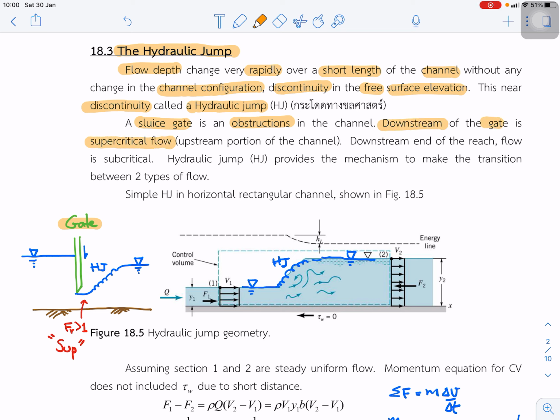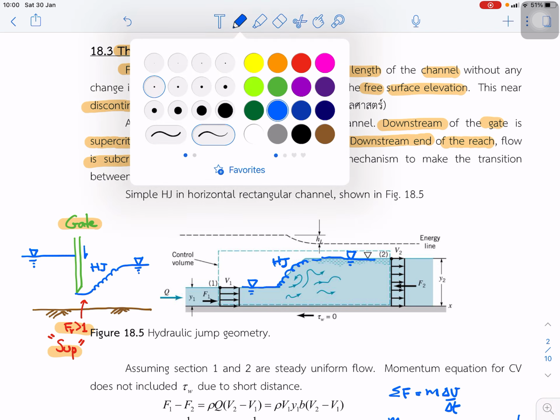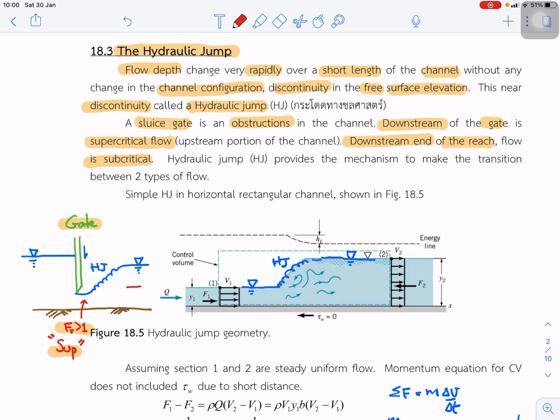So you can see that downstream of the gate the Froude number is greater than 1, so it is supercritical flow. And in the hydraulic jump case, upstream is a supercritical flow, but in this case downstream is a subcritical flow. Okay, after the jump, the flow is subcritical flow.